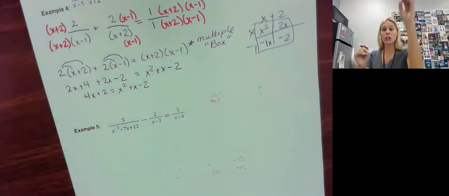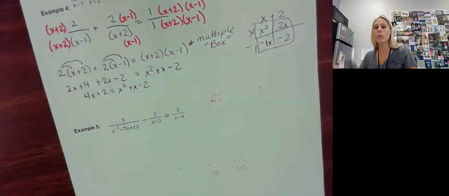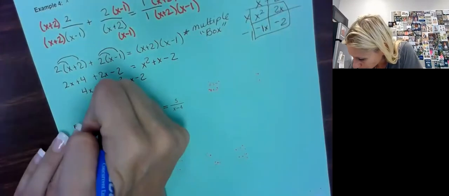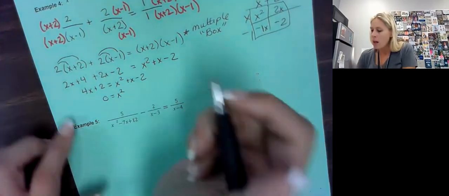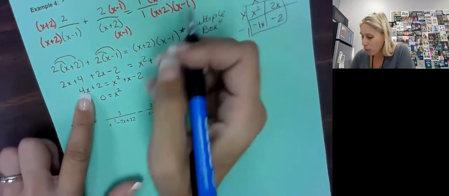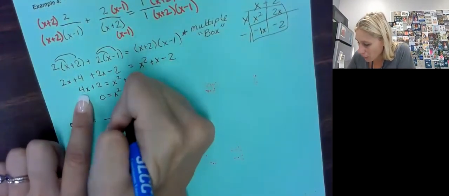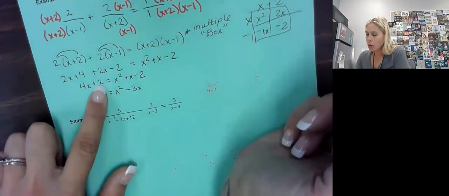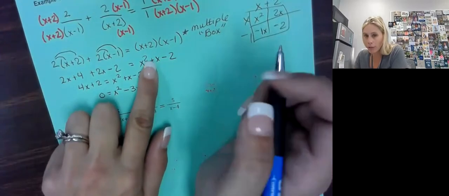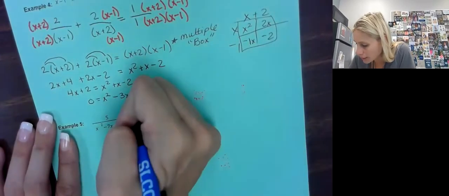And now remember, I just said move everything to the side with that x squared. When I do that, I get x squared. So I would be subtracting that 4x, right? So x minus 4x is negative 3x. And 2, subtract that over, right? So negative 2 minus 2 is negative 4.